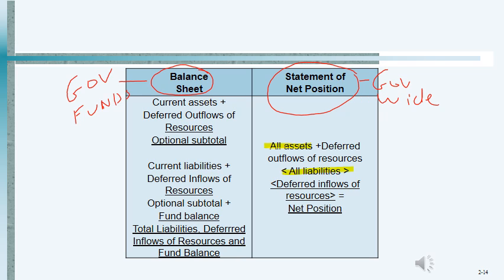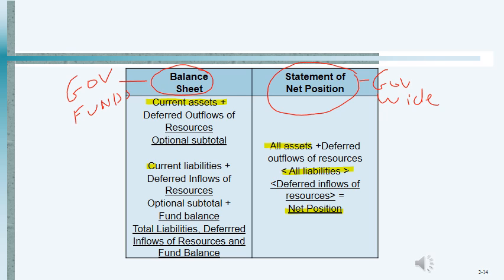The way we're displaying this is assets minus liabilities equals our net position. Notice that on our governmental funds, it's just current assets and current liabilities, with no non-current items.